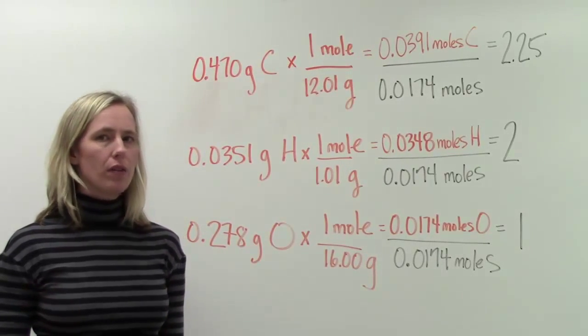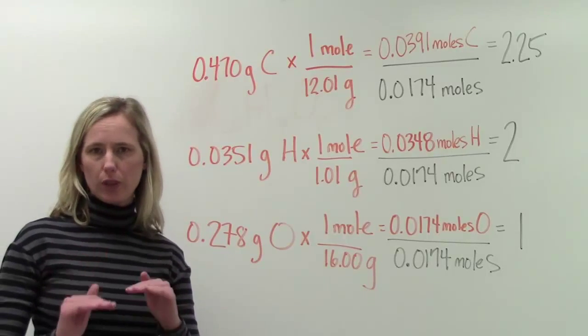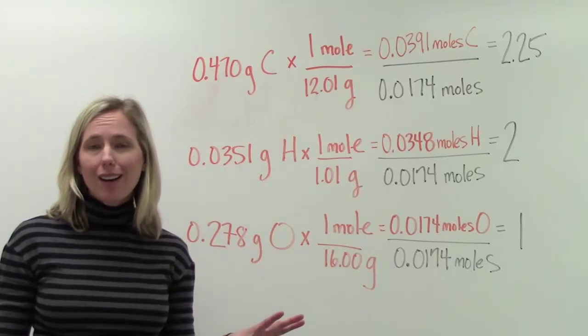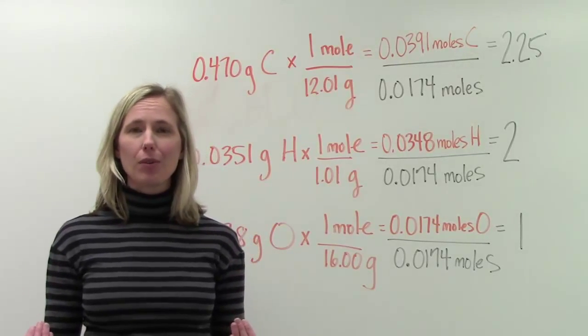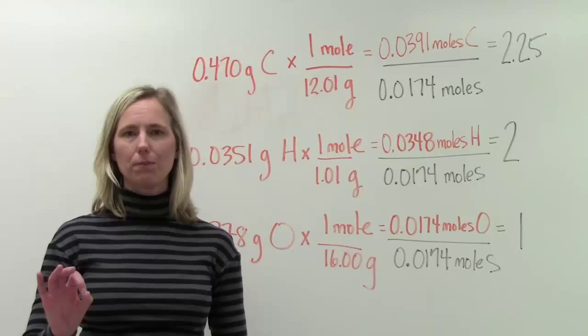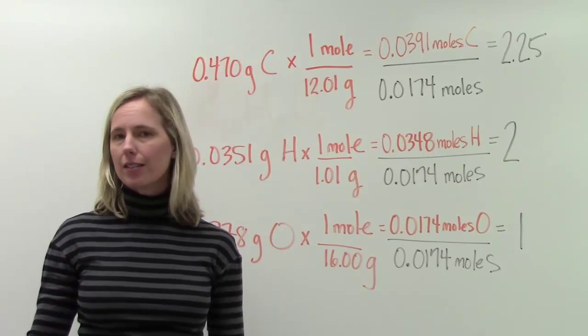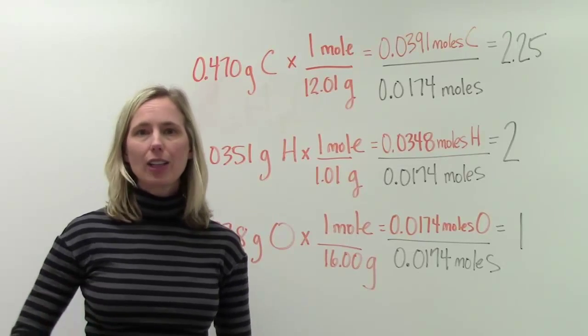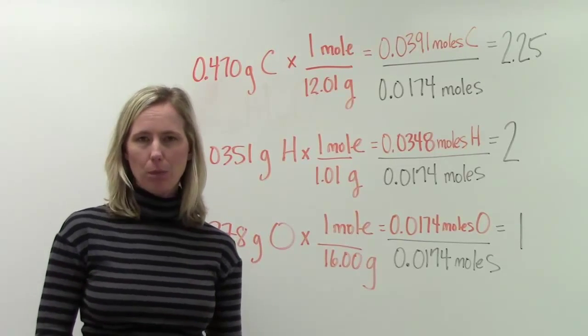What we were hoping for when we compared the moles to each other was actually perfect whole numbers, because if they had been whole numbers, those would have been the subscripts in the formula. You see, a mole ratio, a mole comparison, actually gives us an atom comparison.